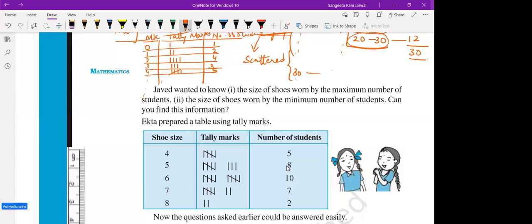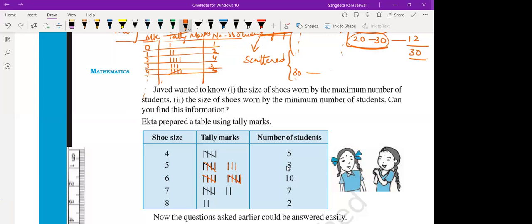Now to write 8, how do we write 8? 1, 2, 3, 4. This is 5. Then 6, 7, 8. Next is 10. How do we write 10? 1, 2, 3, 4, 5, like this. 6, 7, 8, 9, and 10. Right?